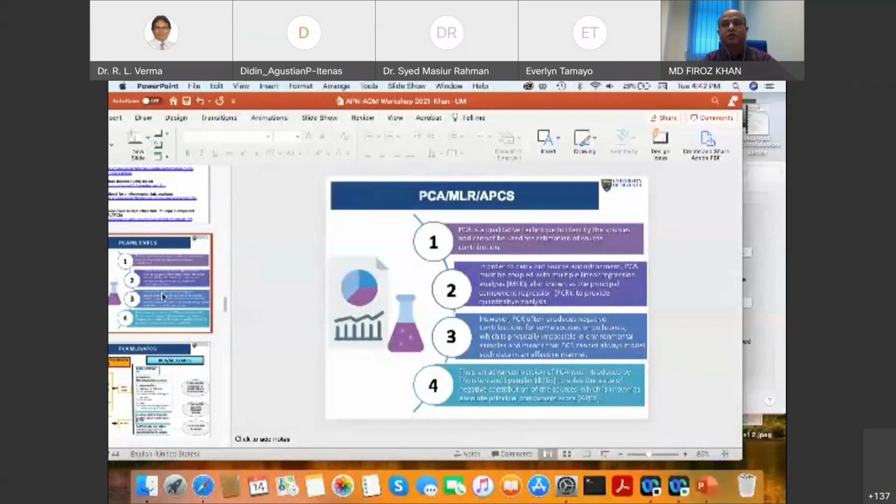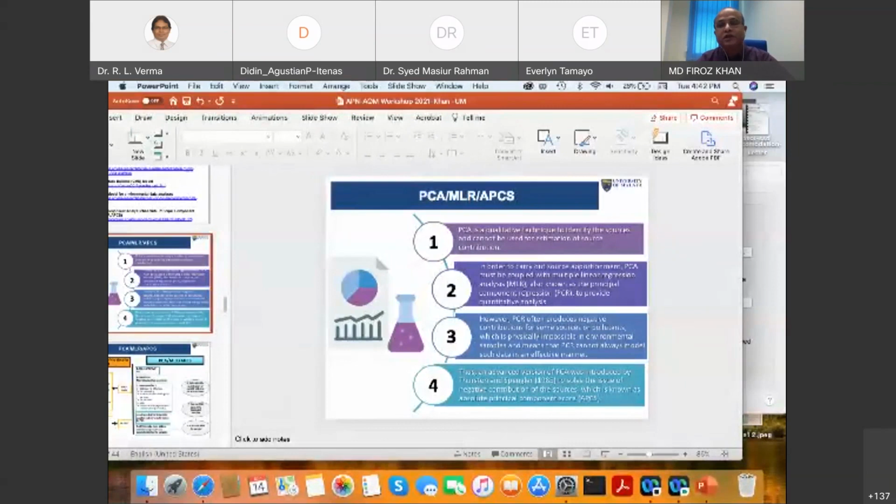So what is the way to estimate the contribution of the sources? We need to have an integration of PCA with multiple linear regression. If we can integrate PCA with multiple linear regression, MLR, it helps us to estimate the contribution for each of the groups that we make by using PCA.